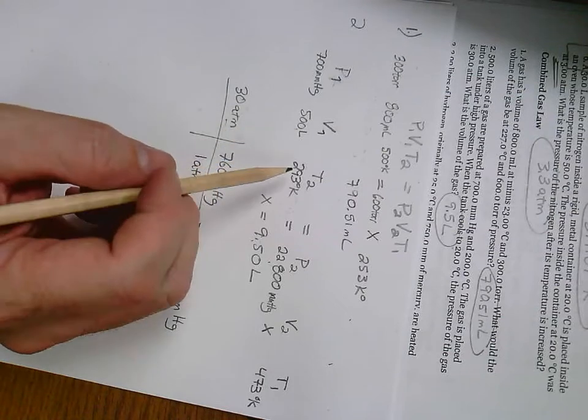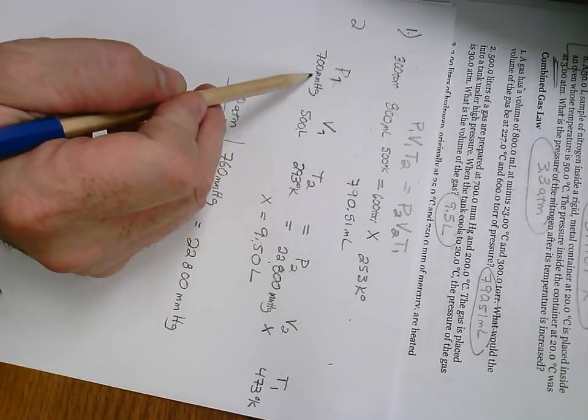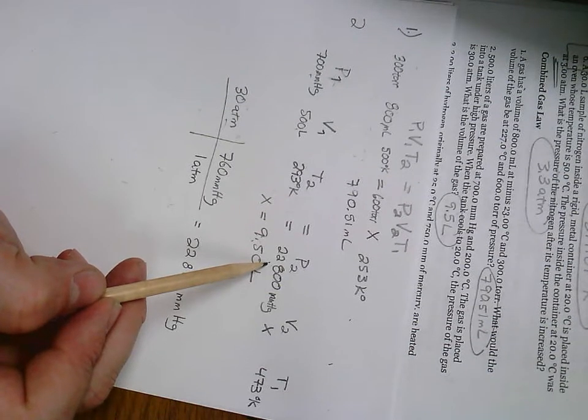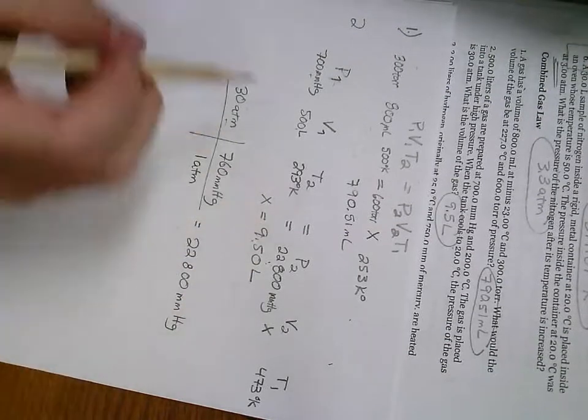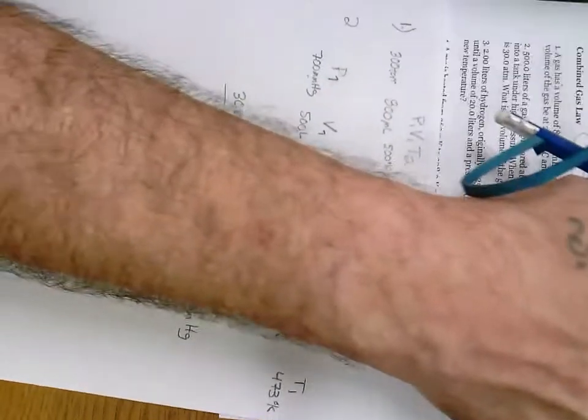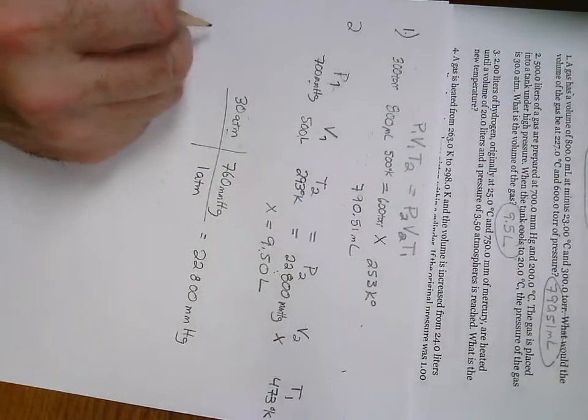But you got to understand, I went from 700 millimeters of mercury to 22,800, which is only realistic if you're on another planet or I'm pressurizing a tank or something like that. Anyway, I don't like non-real world questions, but the show must go on.